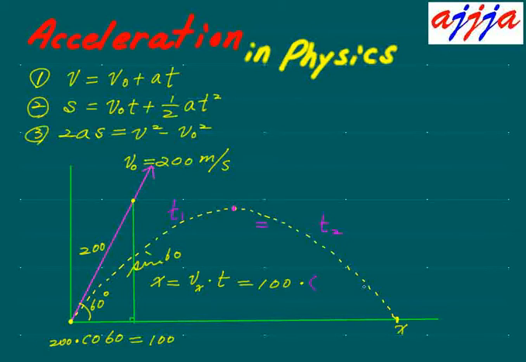All right, let's find it. All we need right here is the time. What kind of rule do we have to use? That's right, we've got to use this one right here.